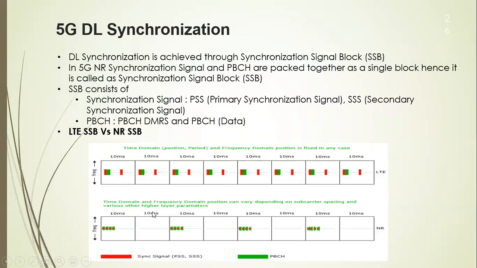In case of NR, PSS, SSS, and PBCH are bundled together. They go as a single block, each going together as a contiguous block of symbols. In each 10 millisecond frame, there can be multiple blocks of synchronization signals, that is, multiple SSBs present in each 10 millisecond frame in case of 5G.